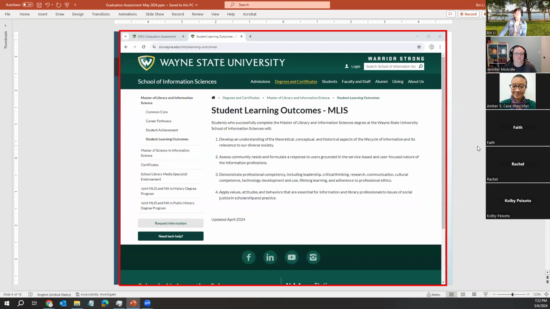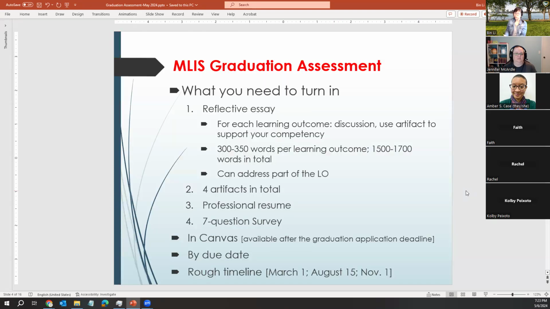For instance, in my 6080 class, the budgeting project and the HTML project can be used for learning outcome number 3. And in 7996, the research proposal can be used for learning outcome number 3. This can give you a rough idea of which course artifacts you can use for each learning outcome. I think that may help, right? So we are using that to help students with this process.